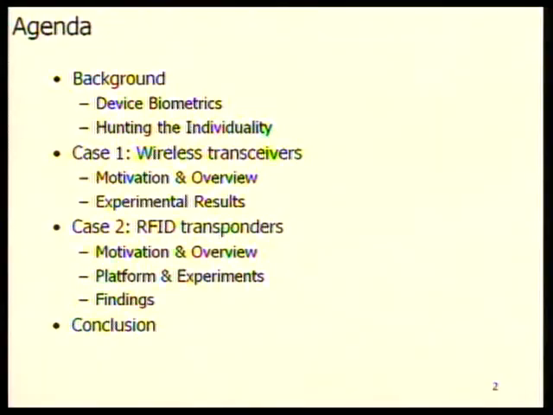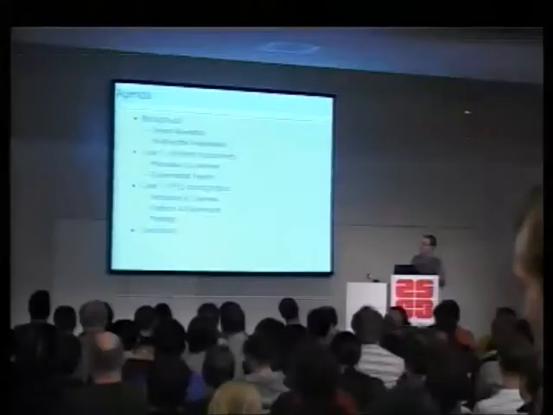So what I will do first is some background about device biometrics, which means, can we find biometrics about network devices, any kind of devices. And then what is the meaning of hunting the individuality? Why do we need this, and so on. Then I will have two use case studies. The first one is about uniquely identifying wireless transceivers.